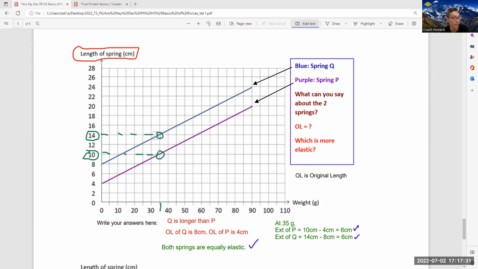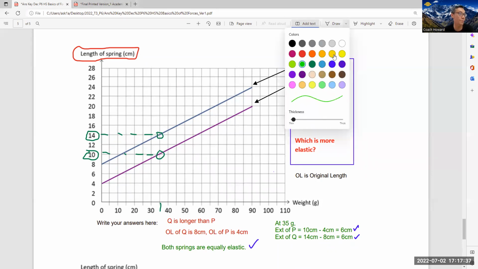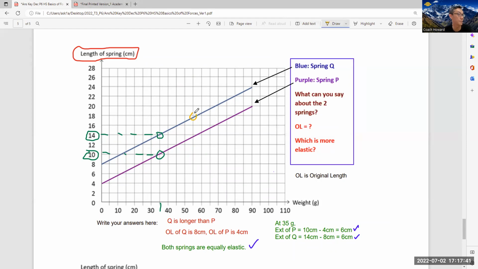Make sure you choose a value that is easy to indicate. Do not choose values that are in between the squares. What do I mean by in between the squares? You see this value here is not very clear. If you choose, let's say 60, this is also not very clear. So you choose at the right intersection where the line cuts a certain value.